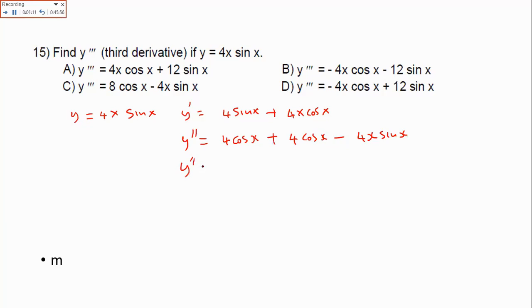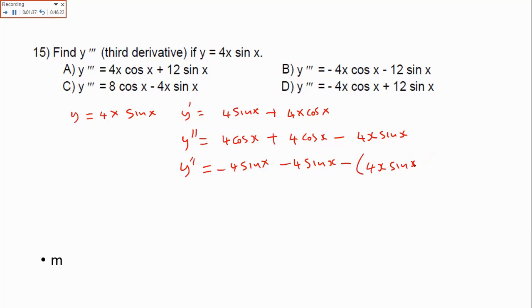For y triple prime, we have to do the derivative of this, that's going to give us minus 4 sine x, right? Derivative of this, minus 4 sine x, right? Minus the derivative of this, that's going to give us 4x sine x, right?